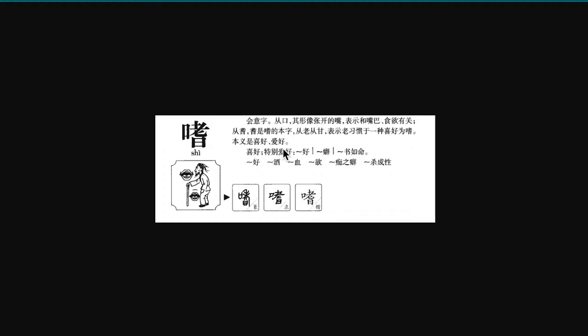You can see that on the top is the character Lao, and on the bottom is the character 甘. 甘 means sweet, means you are happy with something.